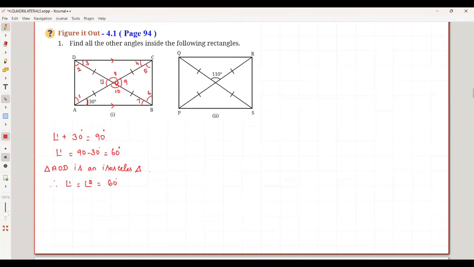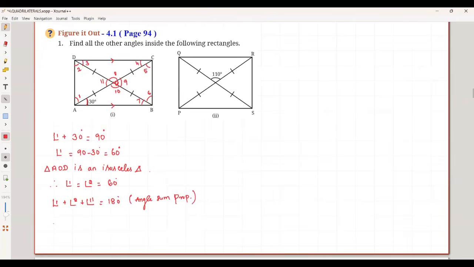Based on this, I can find out angle 11 also. I'm going to use the angle sum property of a triangle. Angle sum property of a triangle means if you add all three angles, it will be equal to 180 degrees. So in the triangle, I get angle 1 plus angle 2 plus angle 11 is equal to 180 degrees. This is nothing but the angle sum property of a triangle.